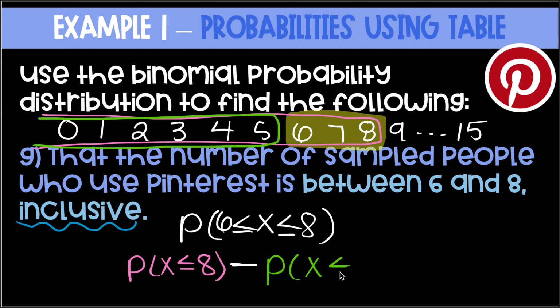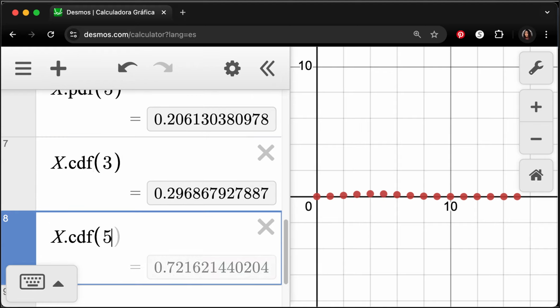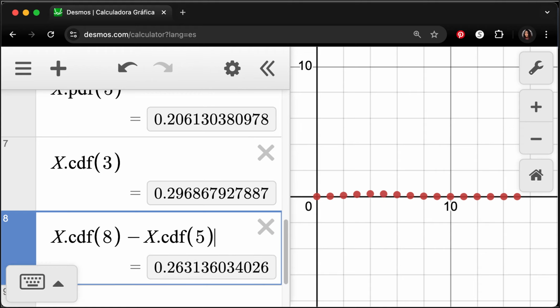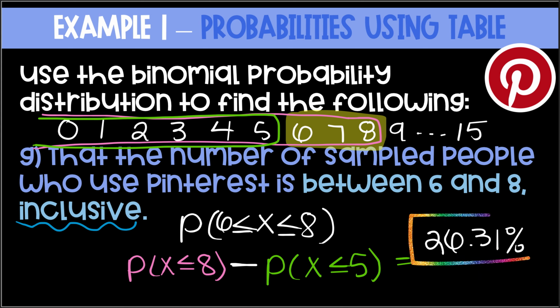The probability of X is less than or equal to 5. So it would be CDF 8 minus CDF 5. And again, Desmos allows you to put both together. CDF 8 minus CDF 5. 26.31%. 26.31% chance that the sampled people who use Pinterest is between 6 and 8.